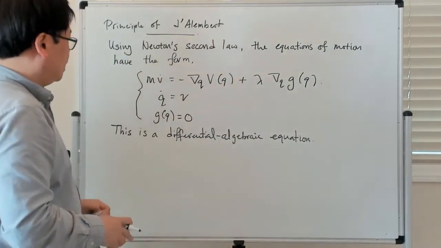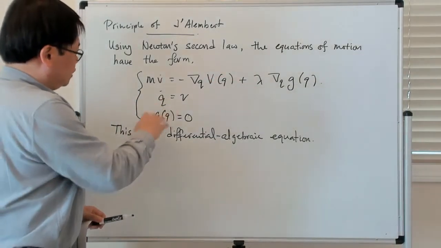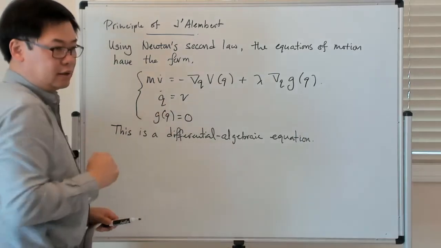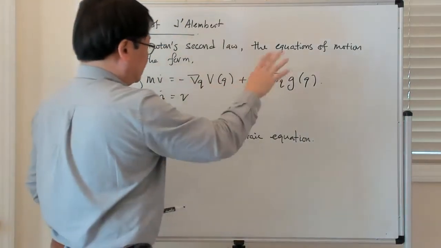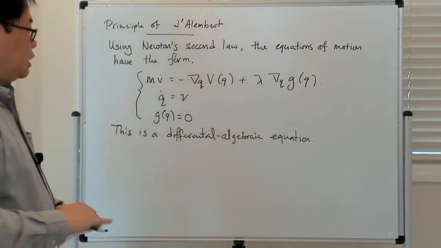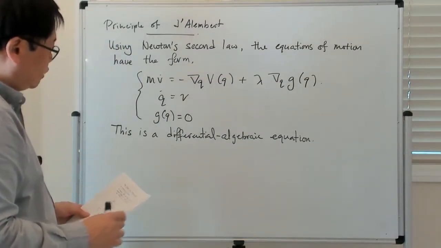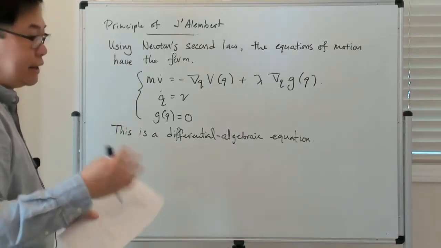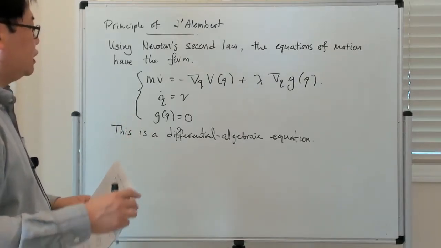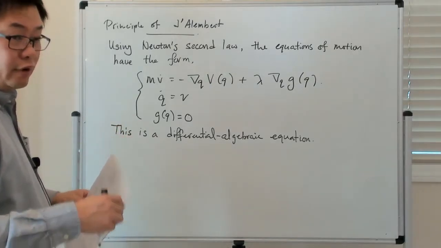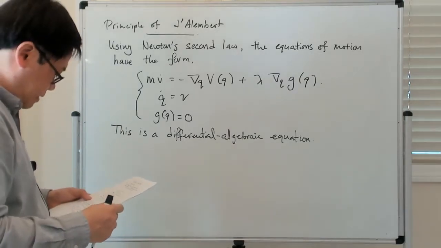How many times do you have to differentiate the algebraic constraint to get a closed system of differential equations? In practice, the higher the index of a differential algebraic equation, the harder it is to develop good numerical methods for it.